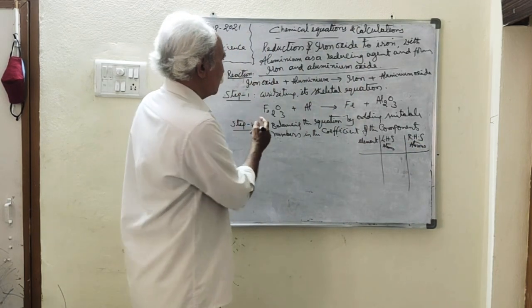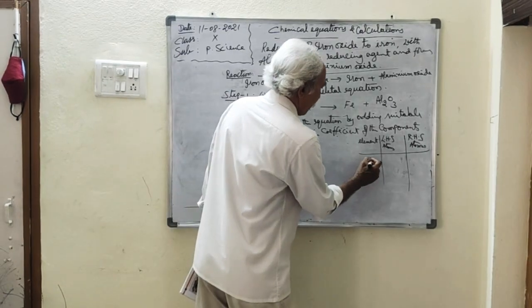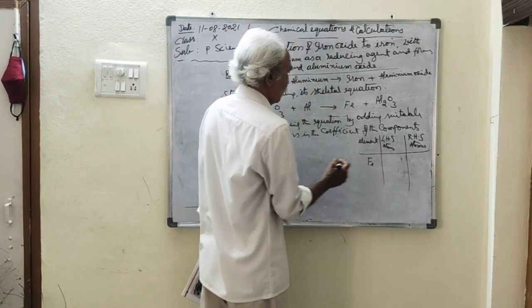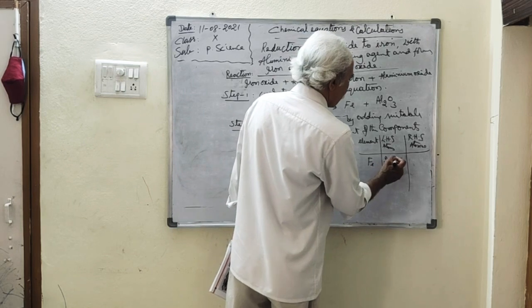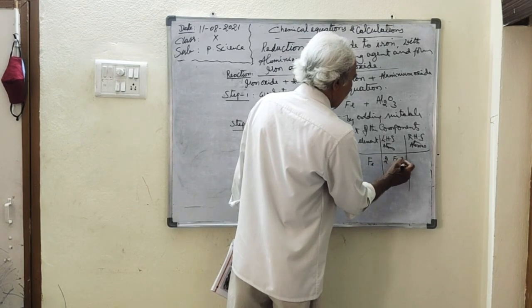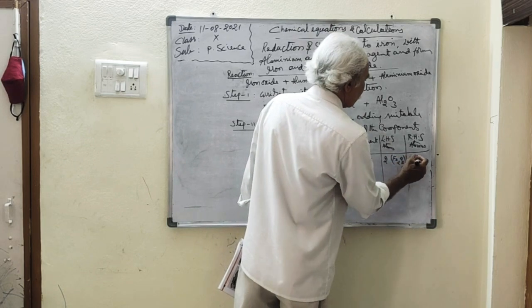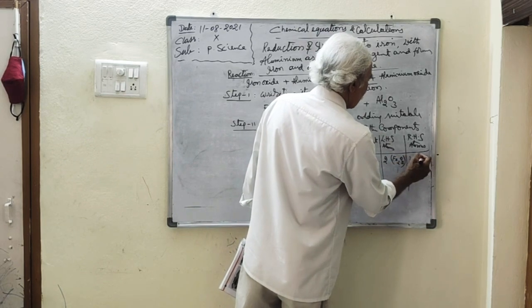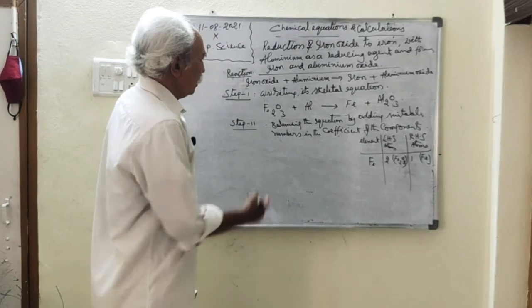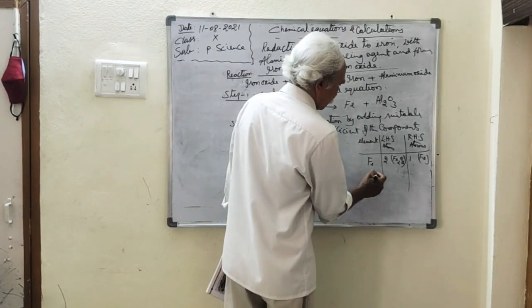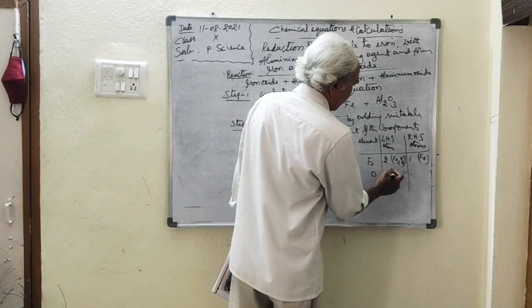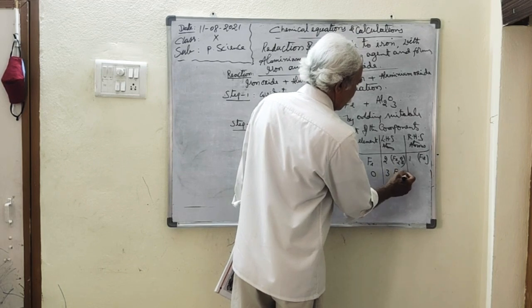So here in the equation, iron Fe, and for Fe here how many atoms? 2 atoms are there, Fe2O3. Here only one atom is there, that is Fe. Second one is oxygen atoms. Here oxygen 3, Fe2O3.